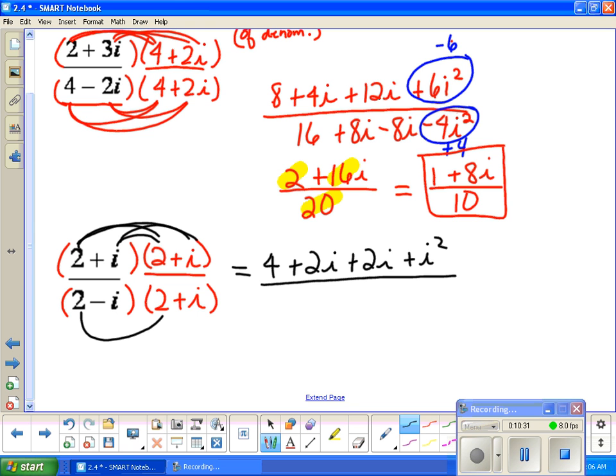Multiply it out. 2 times 2, 4, plus 2i, minus 2i, minus i squared.